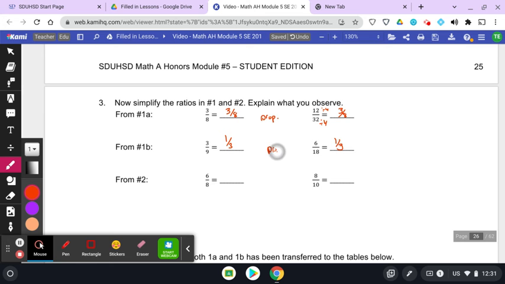That's why those are proportional. 6 to 8 reduces to 3 to 4. That's where the 7 sections is, 3 plus 4. This reduces to 4 to 5. That's where the 9 sections are. This is not proportional. So if your fractions don't reduce to the same fraction, then they are not proportional.